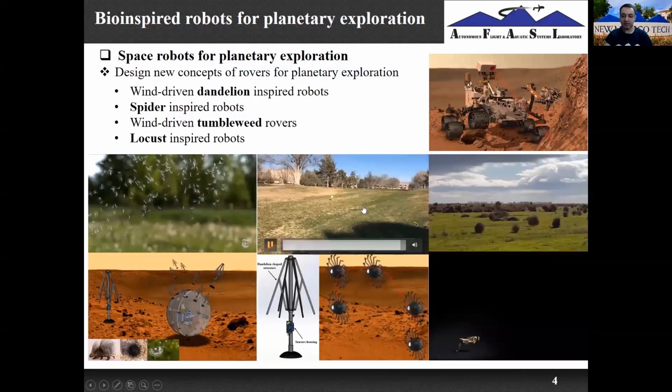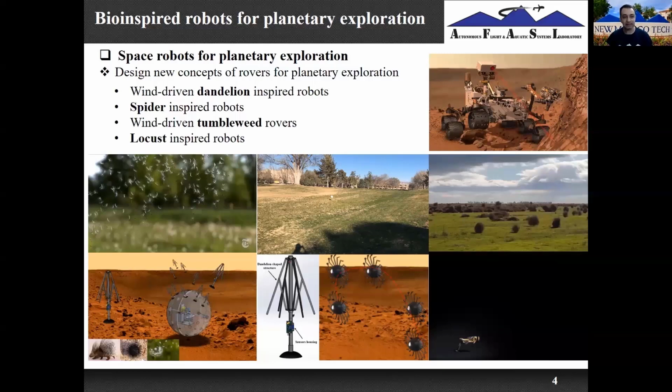Now let's look at the other species or plants that we have on Earth. Another concept for Mars exploration as a robotic system is rolling robots that can harvest energy from the wind. If you look at nature, specifically in Texas, we can see tumbleweeds.